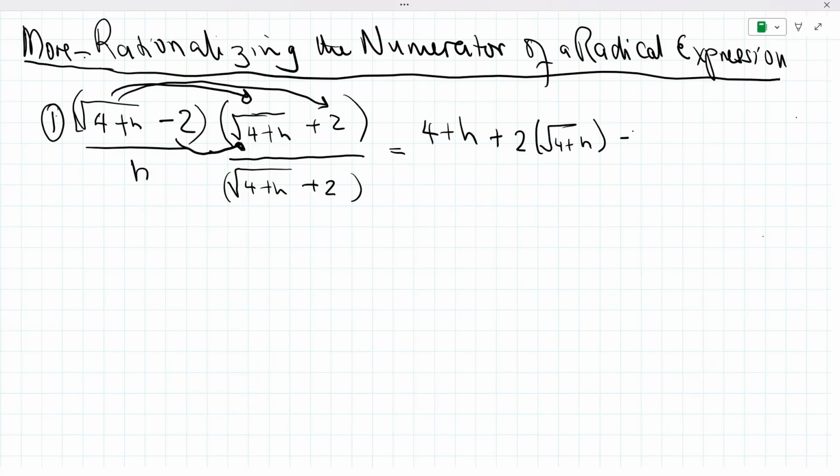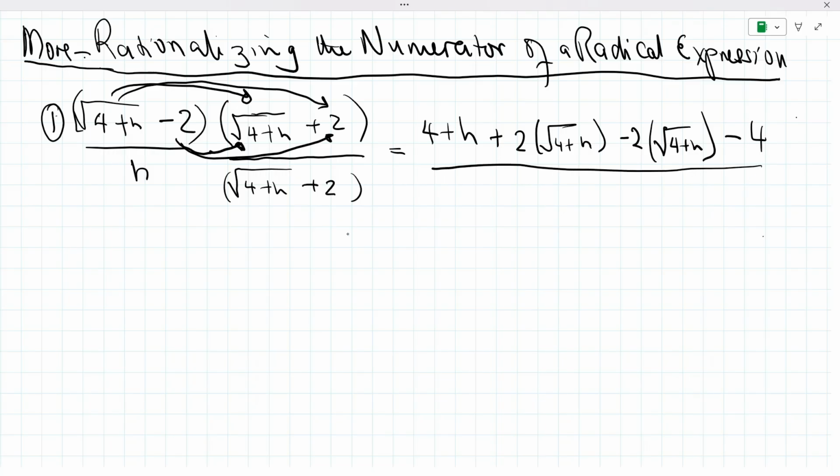It will give us negative 2 into root 4 plus h. And then finally, negative 2 times 2 will give us negative 4. And all this is now divided by the product of h and root 4 plus h plus 2. So this will be h into root 4 plus h plus 2.